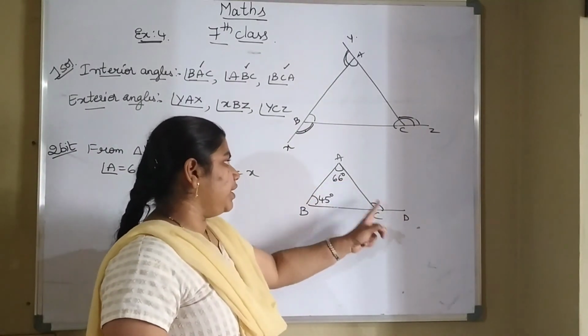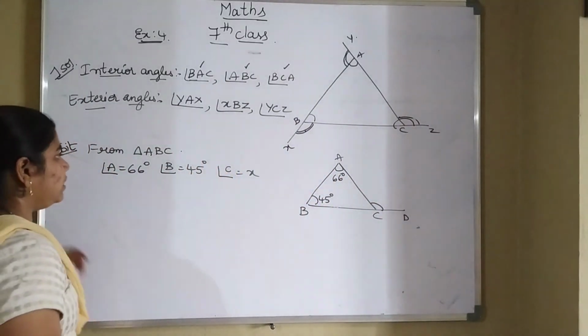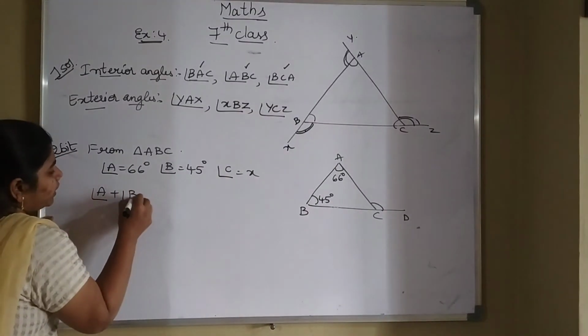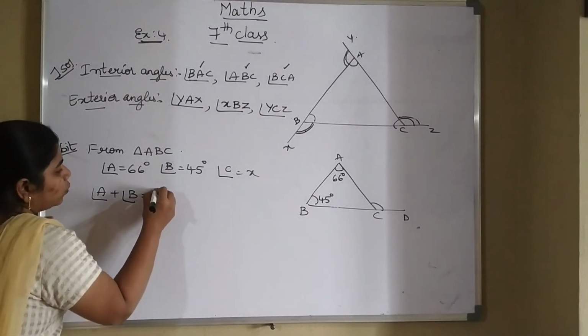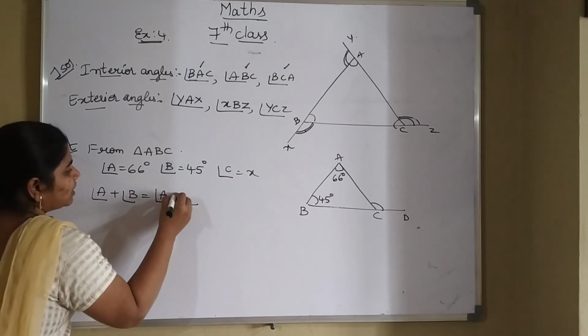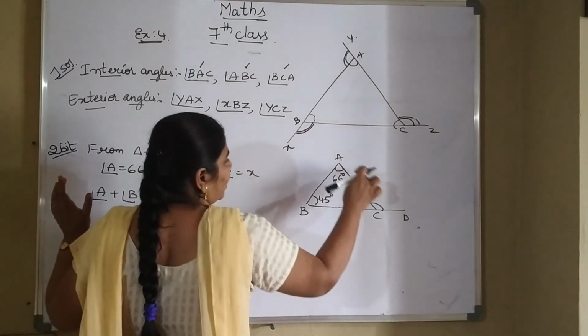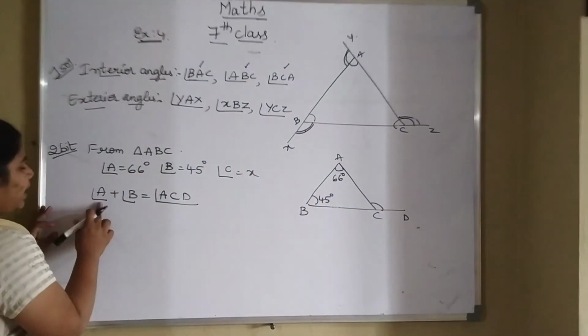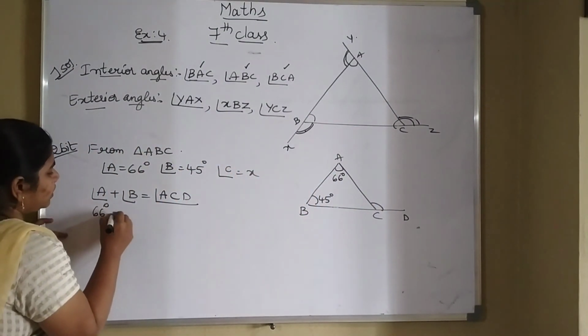By using the exterior angle property I am finding angle C. What is the exterior angle property? The sum of two interior angles will be equal to the exterior angle, that is ACD. Now angle A is how much? 66 degrees.